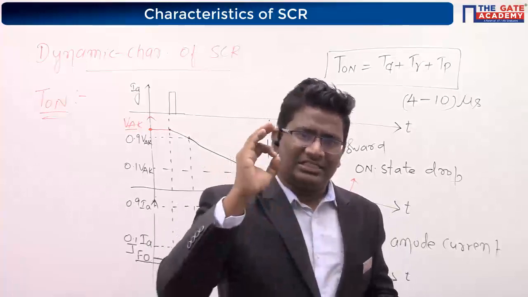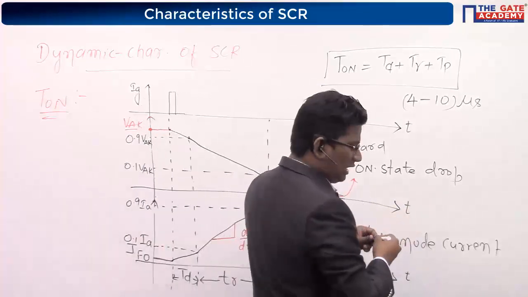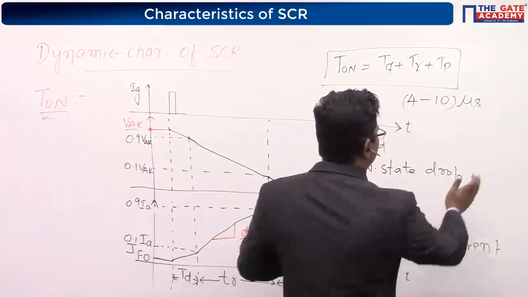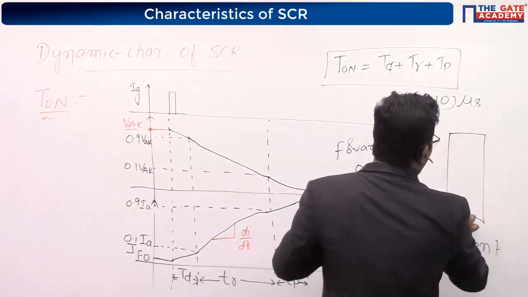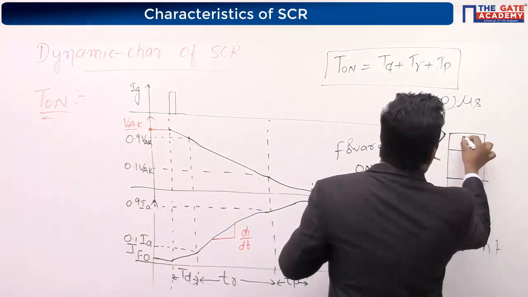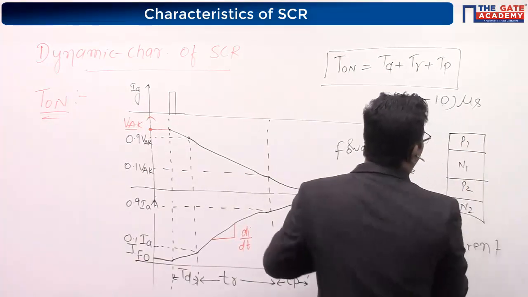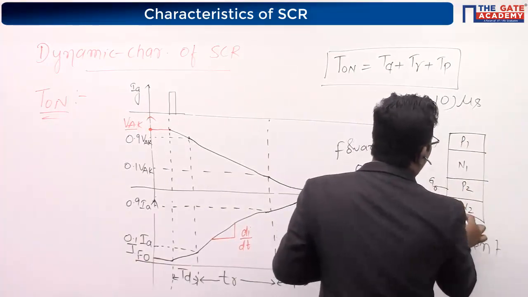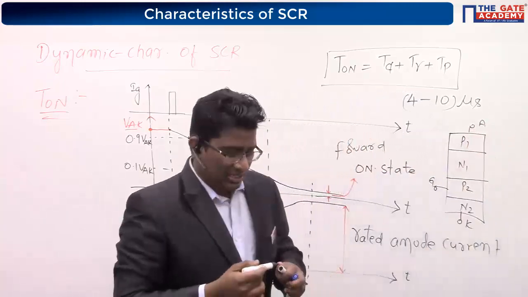Yes. In the same manner, I am considering our SCR like this. See, this is our SCR: P1, N1 and P2, N2. This is my gate, this is my cathode and this is my anode.